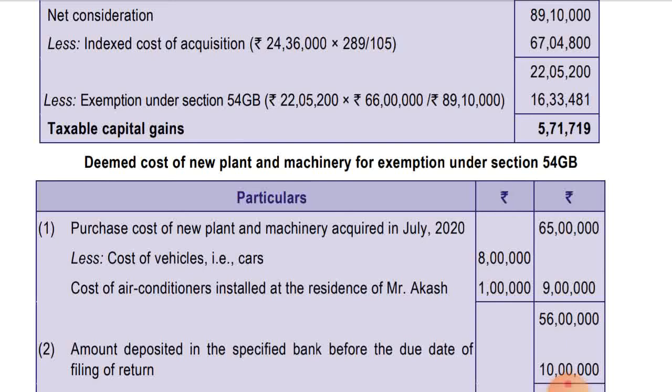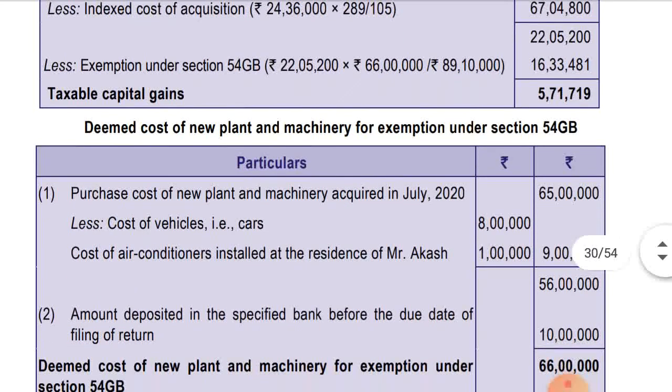Total 9 lakh has been removed. That is coming to 56 lakhs. Amount deposited in specified bank is also allowed before the due date of filing of return. The amount can be deposited in the bank for the specified purpose, and the amount should be used for that purpose only. So 10 lakh it was, and total is coming to 66 lakhs. Deemed cost of new plant and machinery for the exemption under section 54GB is 66 lakhs.